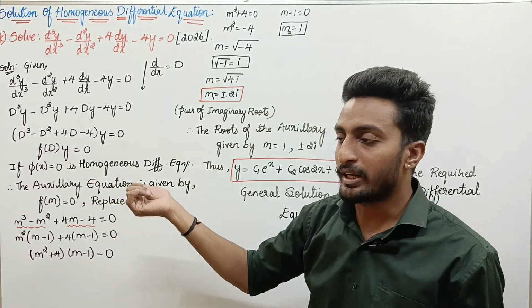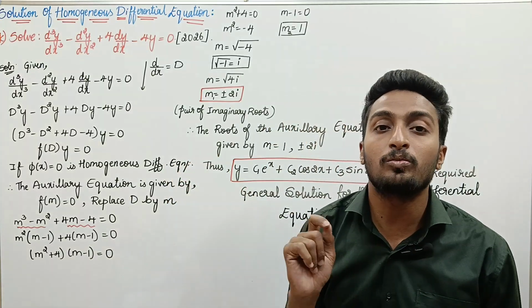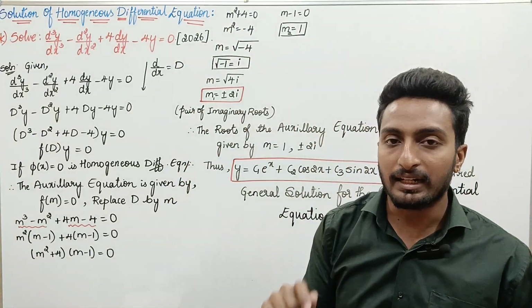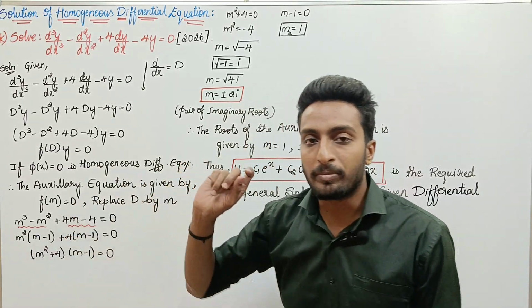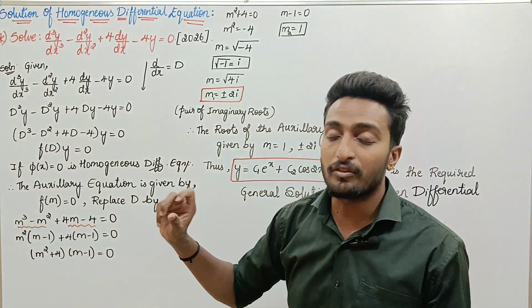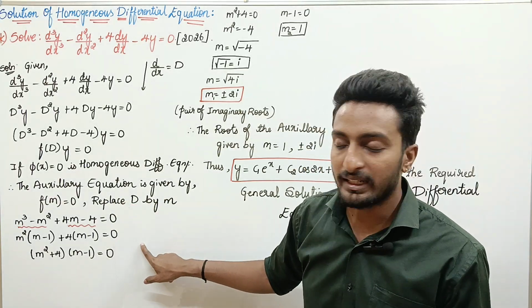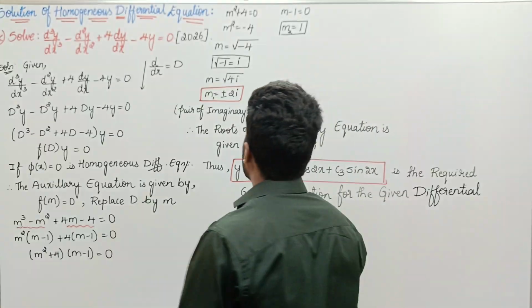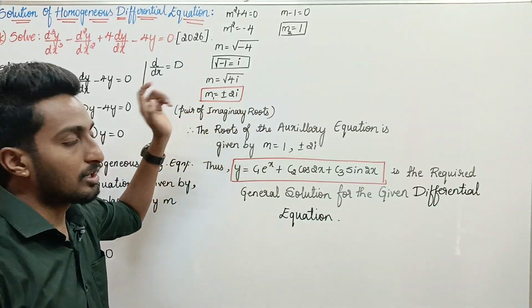If f of D into y equal to 0, and phi of x is equal to 0, we can say it is a homogeneous differential equation. Then, considering the auxiliary equation f of m equal to 0, in place of D, I am going to replace m, represent the equation in factor form and find the roots. The roots are either 1 or plus or minus 2i.